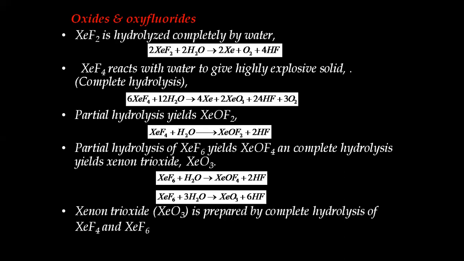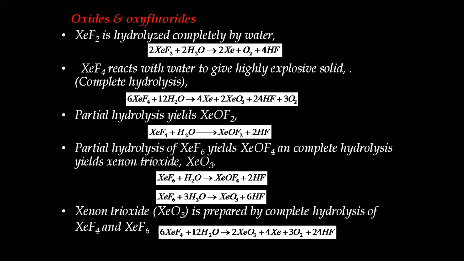Coming to the next, xenon trioxide is prepared by complete hydrolysis, as I have already told you, by hydrolysis of XeF4 and XeF6. If you react XeF4 and XeF6 and do complete hydrolysis, removing all the fluoride with oxygen, then you get xenon trioxide in both cases.